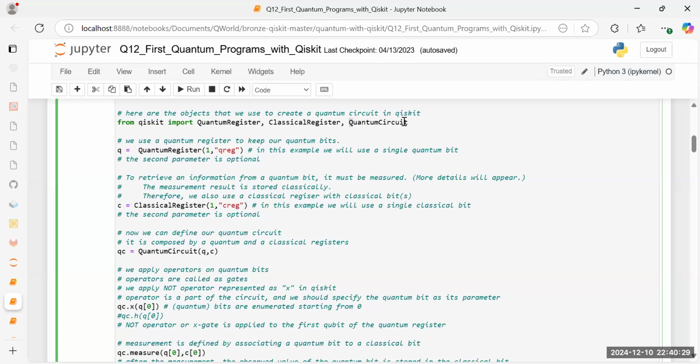And we have a circuit here. In our quantum circuits, this is where we're going to introduce quantum operators to change the values we have in our qubits. We've already said our quantum register here is our quantum memory, and we're requesting a single qubit. And for our classical register here, we're requesting a single bit. And we're going to introduce these to our quantum circuit.